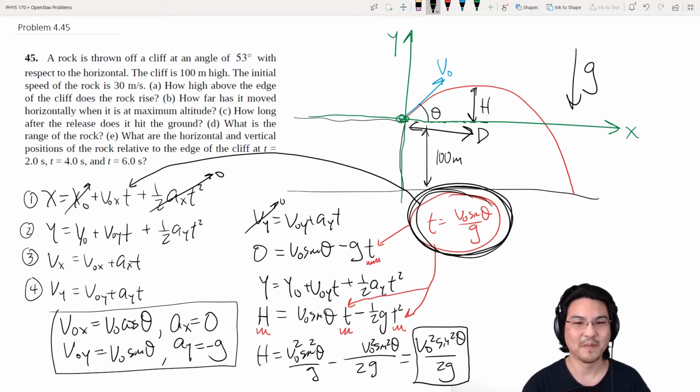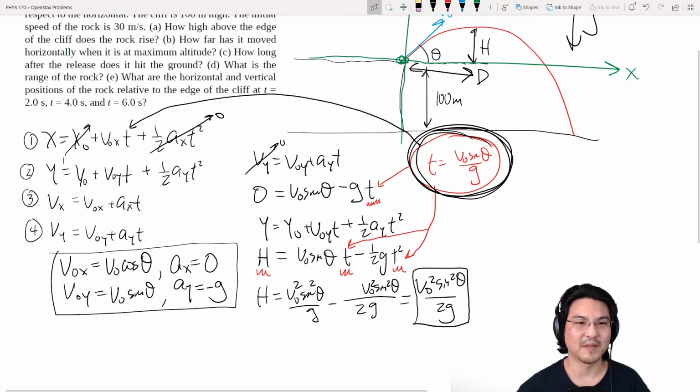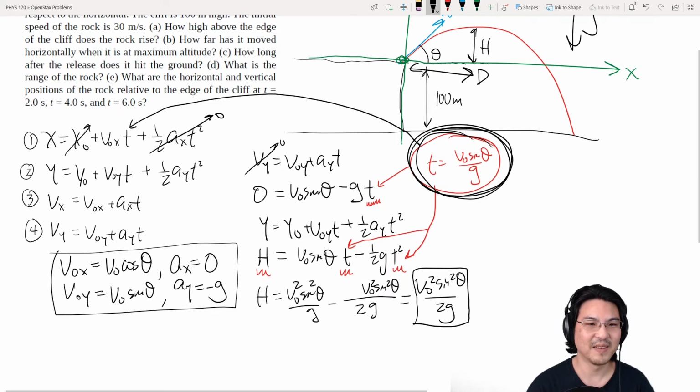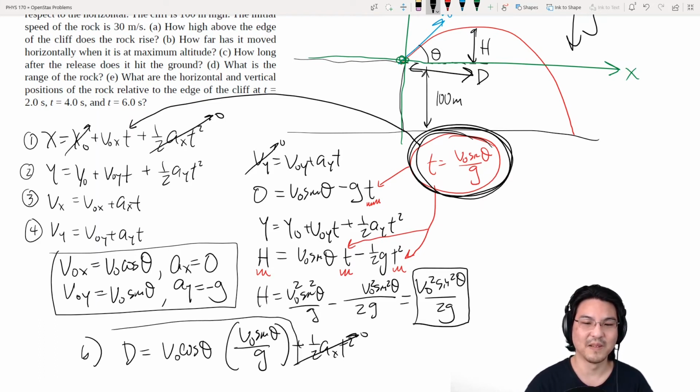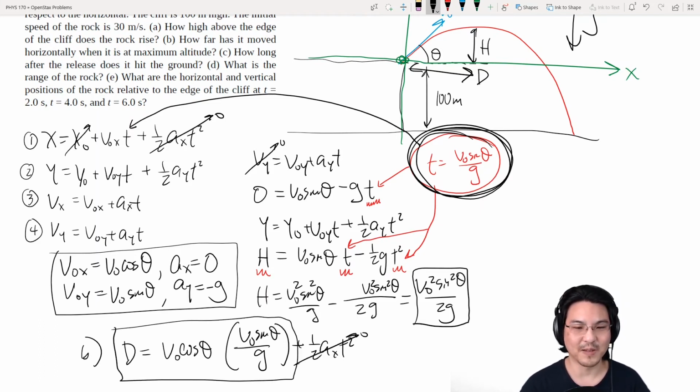So that's it. For part B, that distance is v naught x, v naught cosine theta, times t, which I get from right here, v naught sine theta over g, plus 1/2 ax t squared, but that's 0. So it's v naught squared sine theta cosine theta over g.